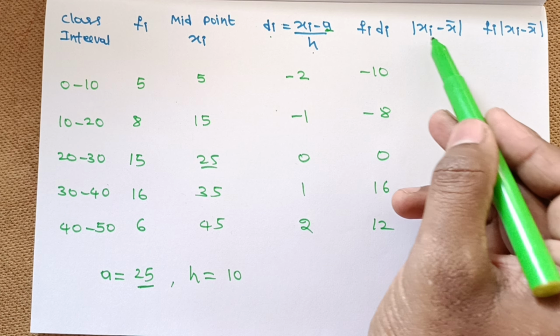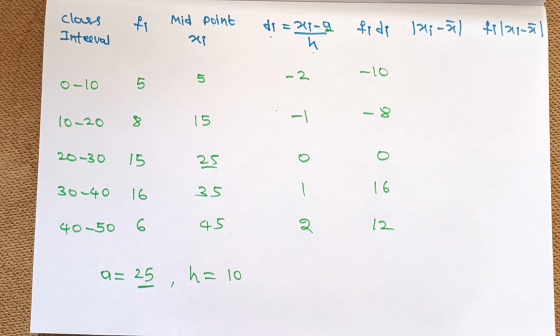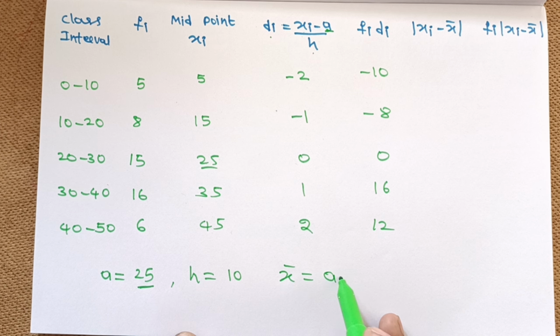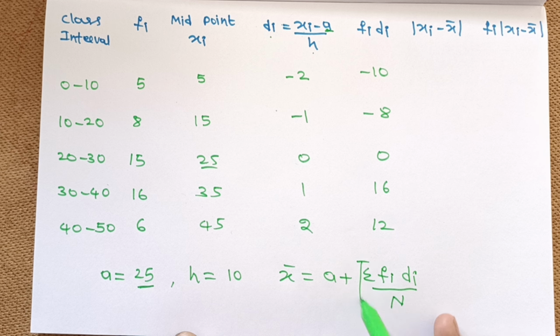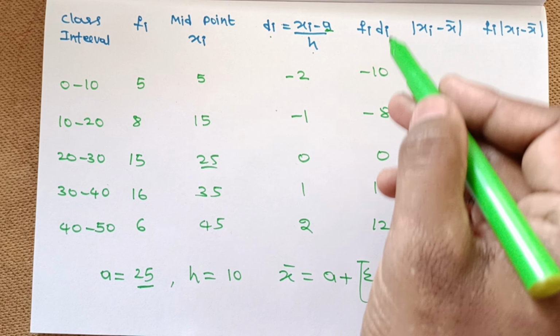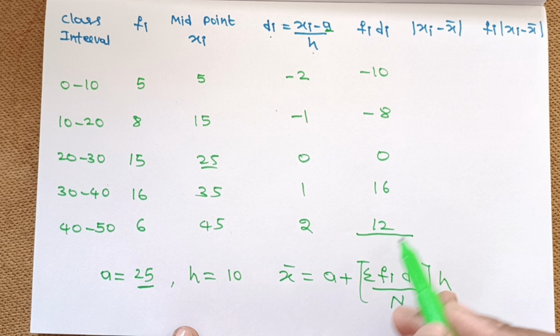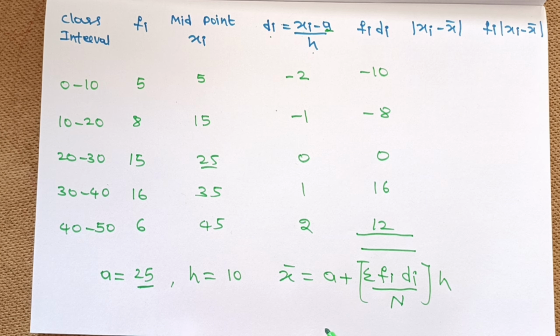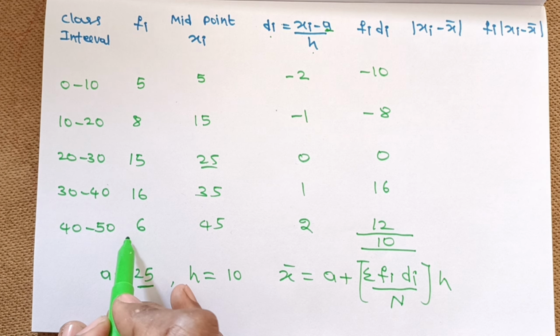Now we can find the mean, x bar. What is the formula? x bar equals a plus sigma fi di, divided by n, into h. First we find the sigma fi di value. Add all these values, and we get sigma fi di equal to 10. And what is n? N is the sum of the frequencies.